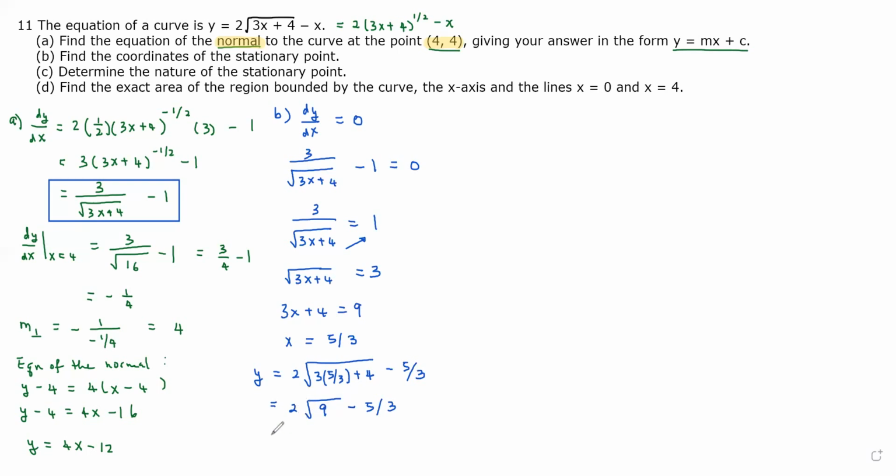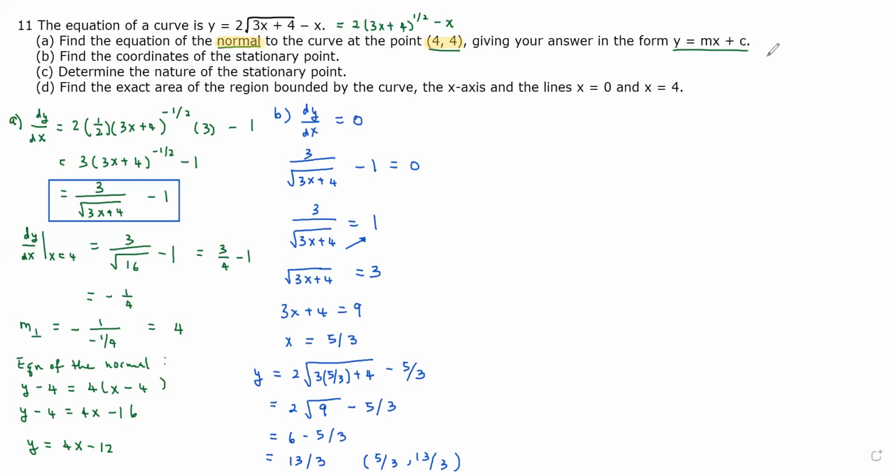So that will give us 6 minus 5/3, which is 13/3. Then the coordinates of the stationary point are (5/3, 13/3). That will give us the coordinates of the stationary point.